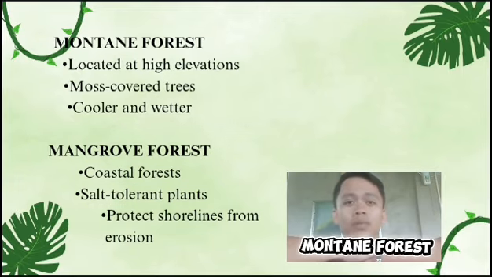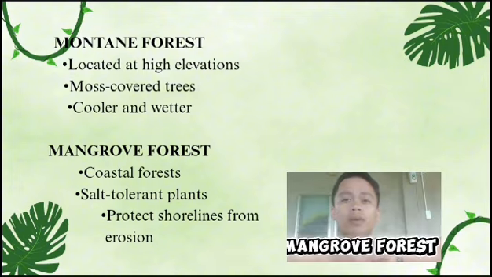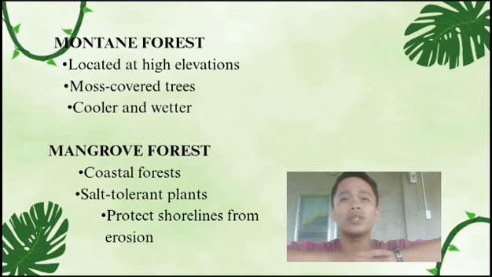Mountain forest is located at high elevation, with mossy trees. The environment is typically cooler and wetter than surrounding areas. Mangrove forests are coastal, contain salt-tolerant plants, and protect shorelines from erosion.